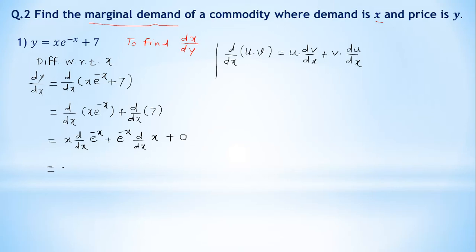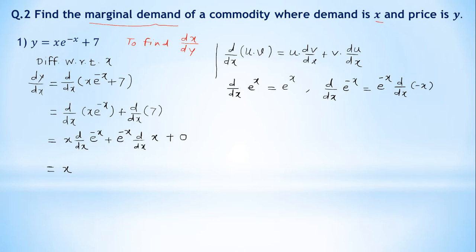Now see here, x as it is. Now we have to take the derivative of e raised to minus x. As we know, the derivative of e raised to x is always e raised to x. Then what about the derivative of e raised to minus x? It is by chain rule. We have to find the derivative using the chain rule. So it is e raised to minus x into d by dx of minus x.